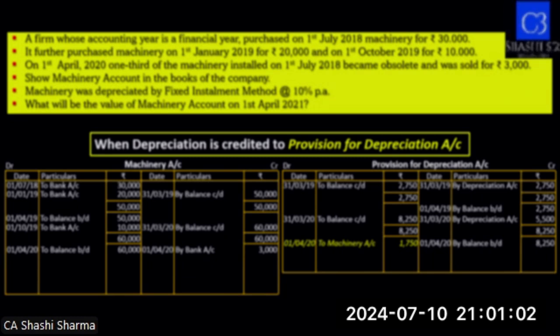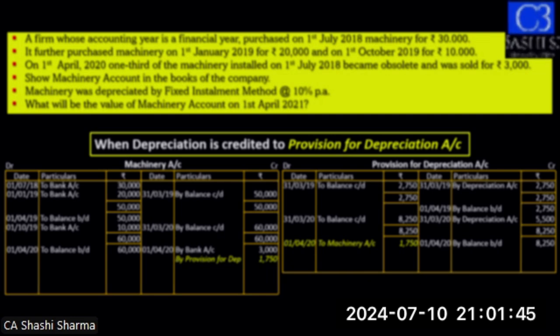The total accumulated depreciation on the machinery sold, 1750. This will be debited in the provision for depreciation. And if you debit the depreciation of the machinery sold, then this balance of provision for depreciation will reduce. The relevant depreciation has been shifted to the machinery account, 1750.